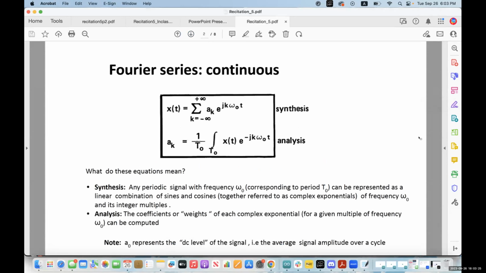The equations you see on the screen right now are equations for Fourier series, especially for continuous signals. And what do these equations mean?